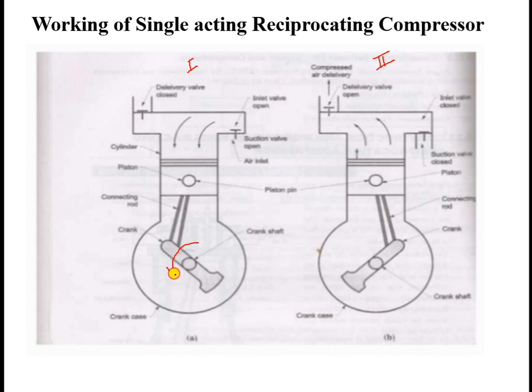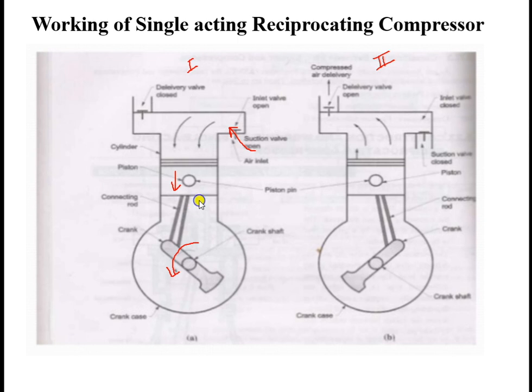Here it is shown in an anti-clockwise manner. In turn, this piston is moving in the downward direction. As the piston moves downward, a vacuum is created in the cylinder of this compressor, the suction valve gets opened, and the atmospheric air comes inside this particular cylinder.